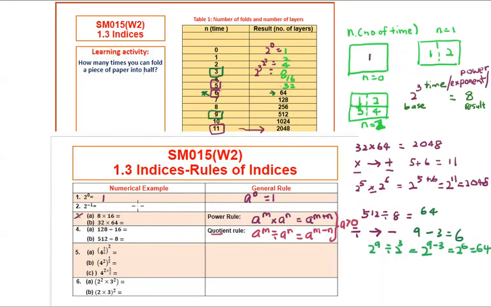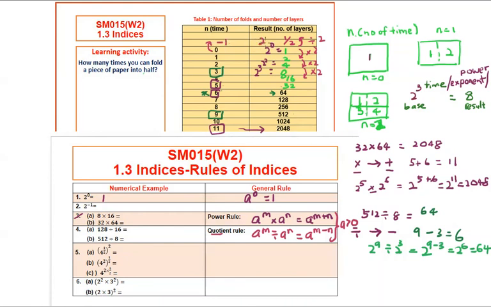How about 2 power negative 1? Okay. If we move forward, 1 to 2, we multiply by 2. 2 to 4, times 2. 4 to 8, times 2. What if we move backward? If forward is times, backward is division by 2. So 1 divided by 2 is 1 over 2. From 1, moving backward is negative 1.